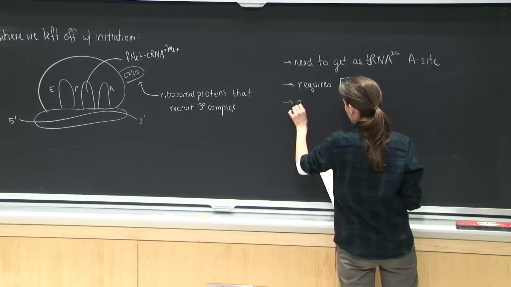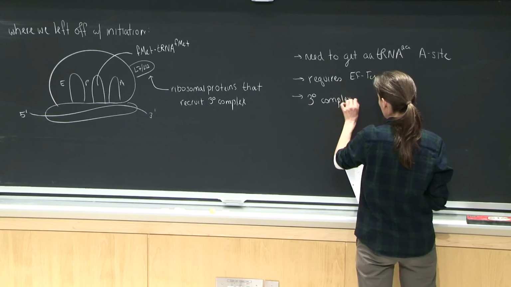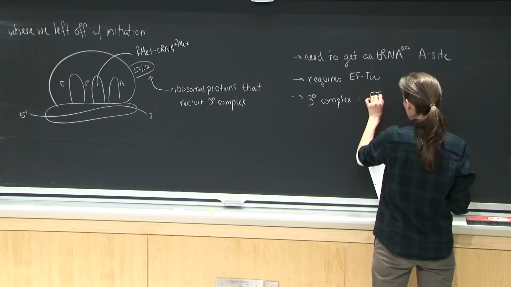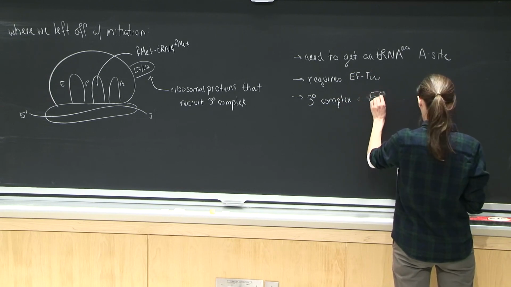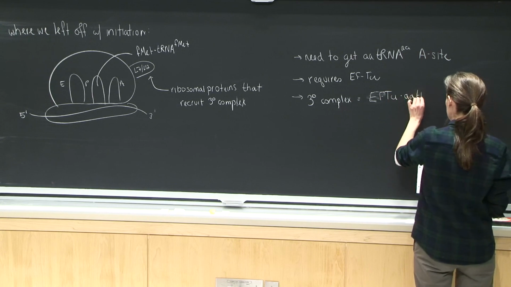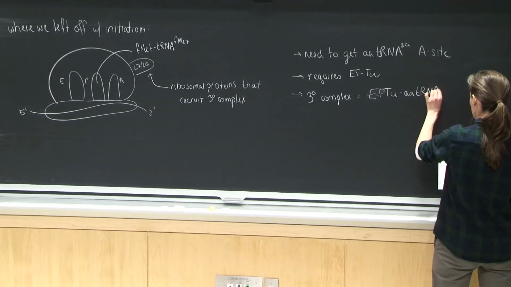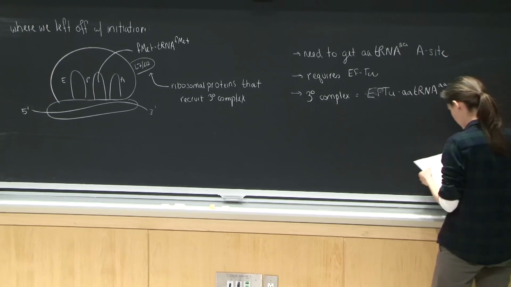When we think about this, we always need to think about this ternary complex, which is EF-Tu bound to the aminoacyl-tRNA, bound to GTP.